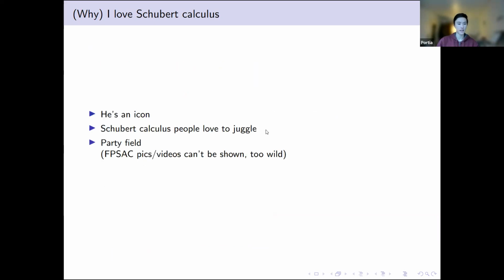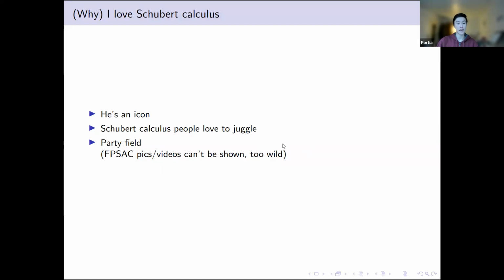All right. Okay. So Schubert calculus, I'd say, maybe can be a party field, like when you go to college and it's a party school. I feel like Schubert calculus is the party field of math. The evidence, well, yeah, FPSAC was wild.